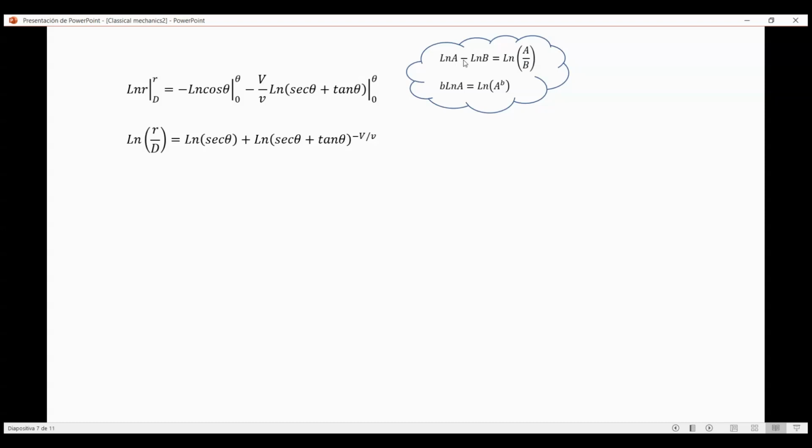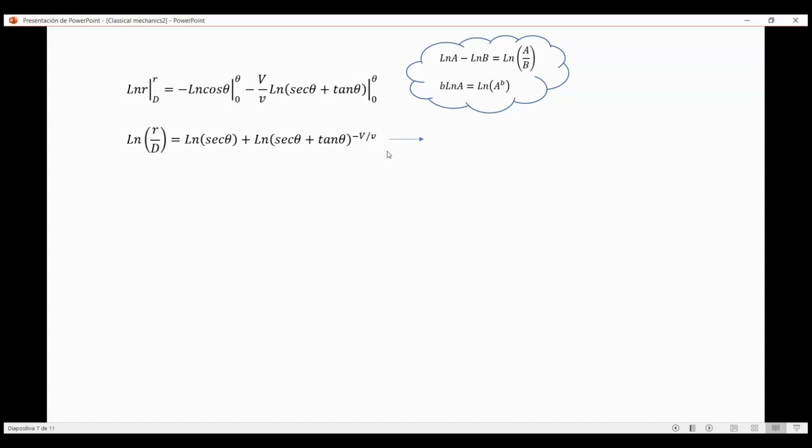Logarithm of a minus logarithm of b is the logarithm of a divided by b. This is what I use here. The logarithm of the inverse of the cosine is just the logarithm of the secant. I also use the property that a constant b multiplied by the logarithm of a is the logarithm of a to the power b. And this is what I did here, I powered capital V divided by small v in secant plus tangent.